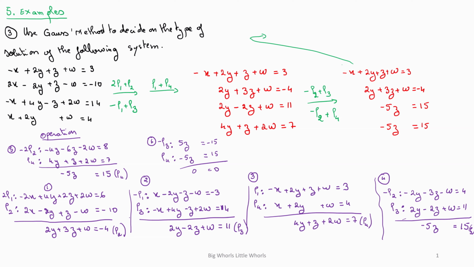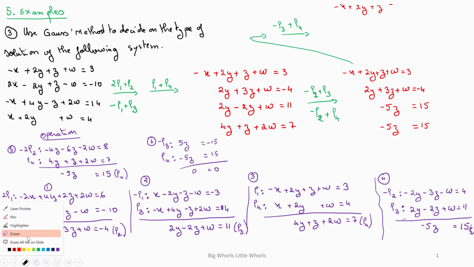Okay, so I'm going to write it here. Here we have minus row 3 plus row 4, which will give us the following final echelon form system. We have minus x plus 2y plus z plus w equals 3.